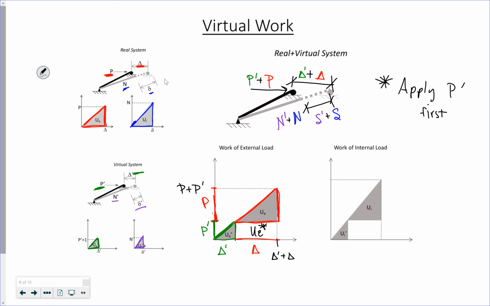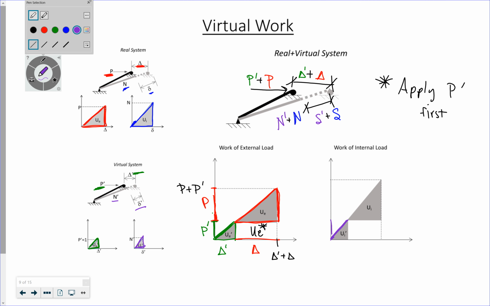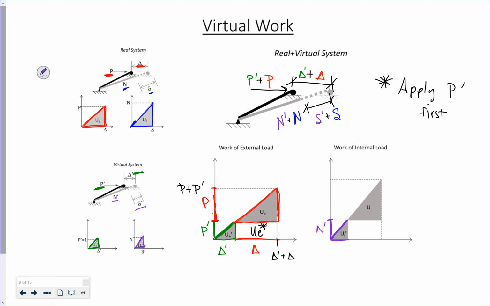I can do the same thing if I look at the internal energy, right? I apply P prime and it causes an internal load of N prime and an elongation of delta prime.